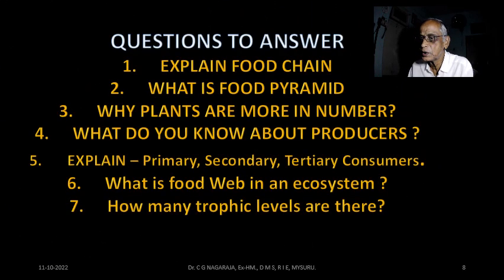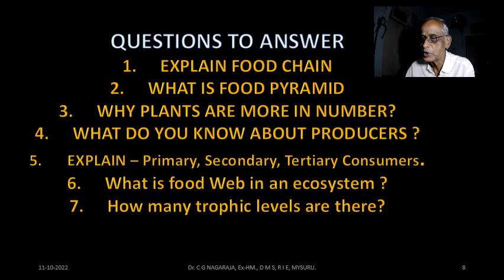In order to remember some of the concepts you have in chapter 15 and which I explained, let us try to understand 7 questions and try to answer them. Question number 1. Explain food chain.